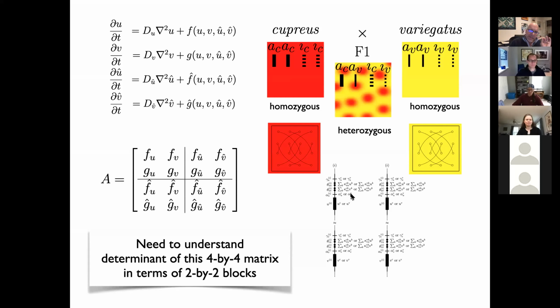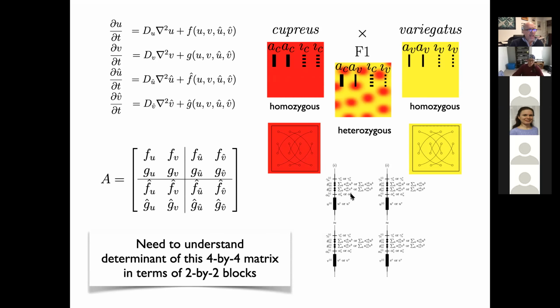So basically this introduction is really just meant to give you enough background to motivate why I'm interested in 4x4 matrices that have a 2x2 block structure, and I'm interested in their stability properties. I'm interested in their trace and their determinants and how those relate to the stability properties of the individual blocks.